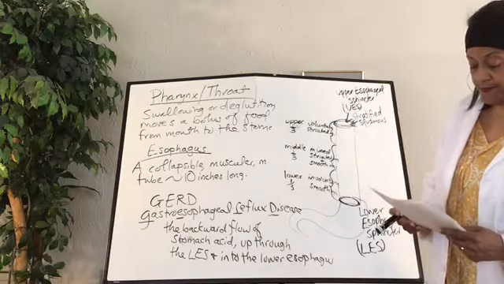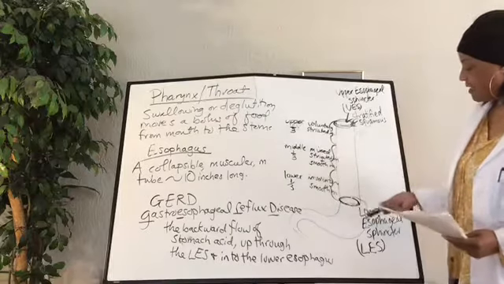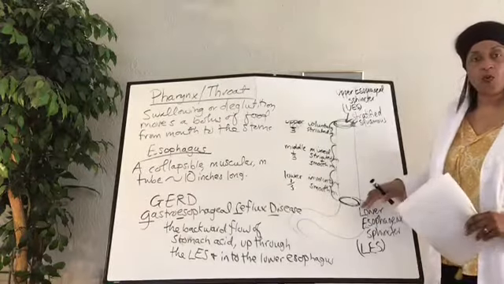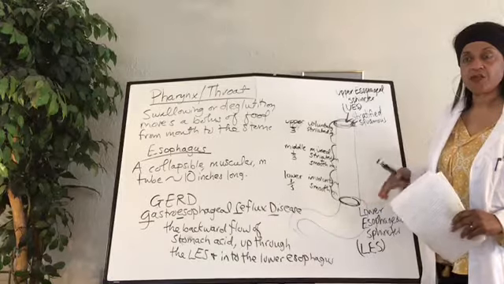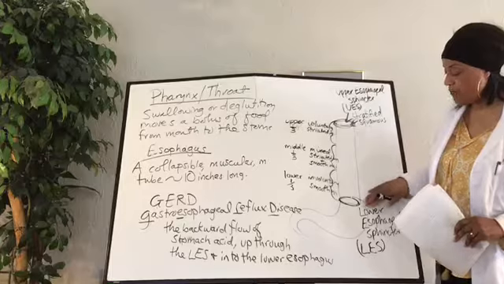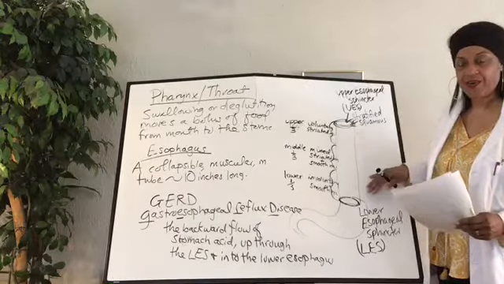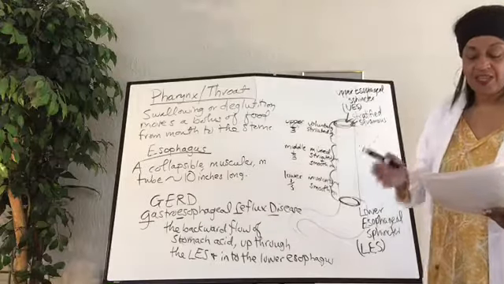I would talk about a hiatal hernia, but that's just really the contents. A lot of people who end up having gastric bypass surgery end up with the stomach bulging up into the thoracic cavity, and that's a hiatal hernia. So those are things you have to look out for.